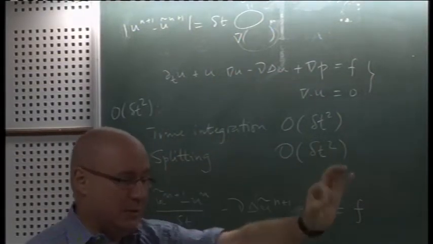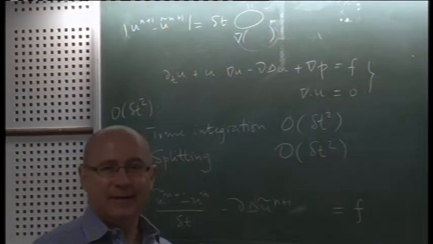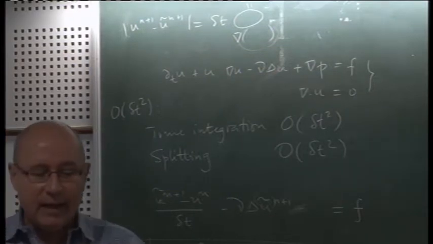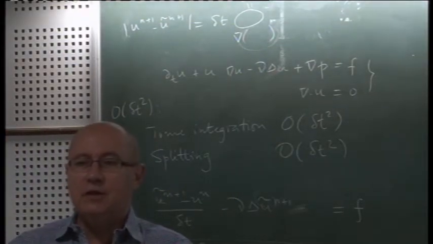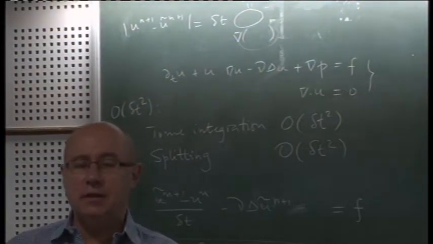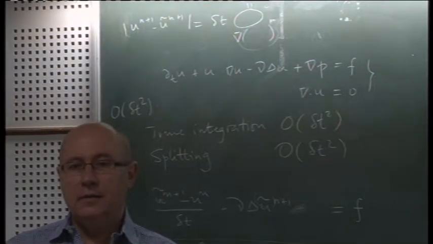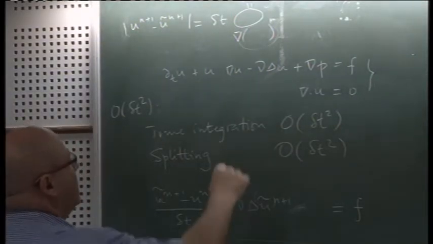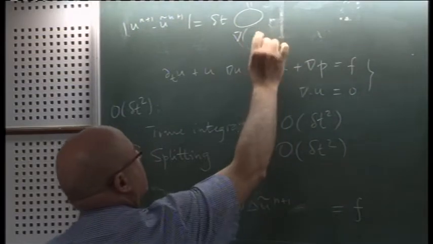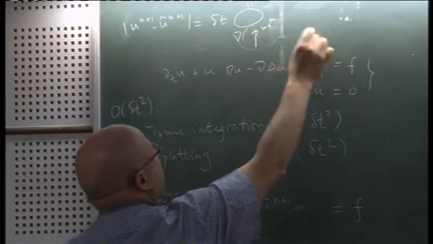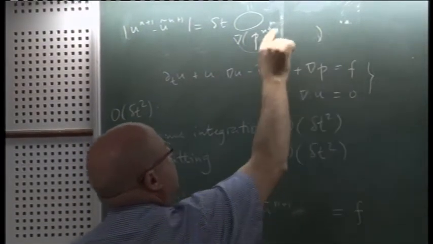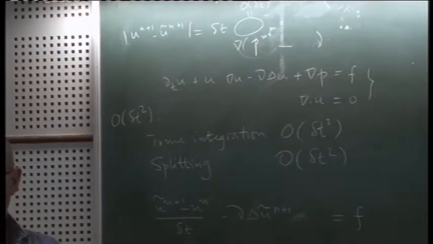The answer is almost there. Can I add or subtract something to the pressure to make it order delta t? If I put here the pressure at n+1, what do I have to put here to have something of order delta t?